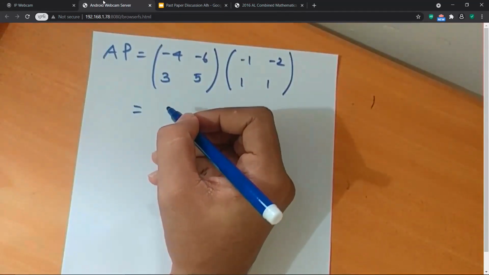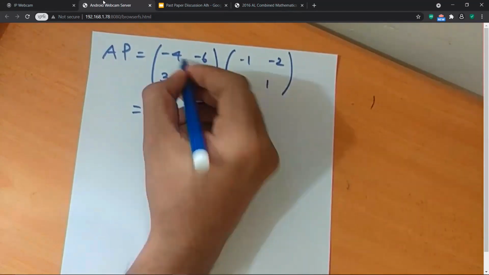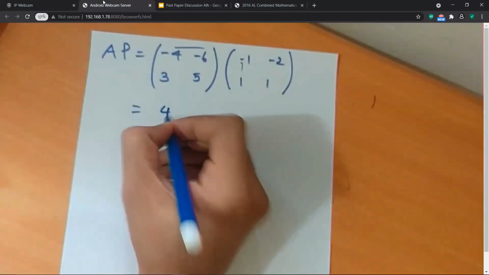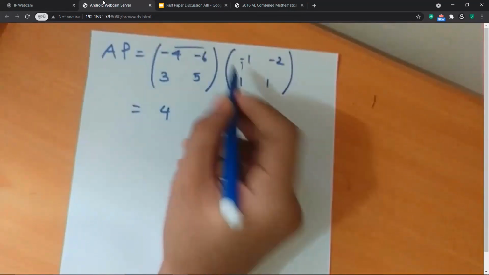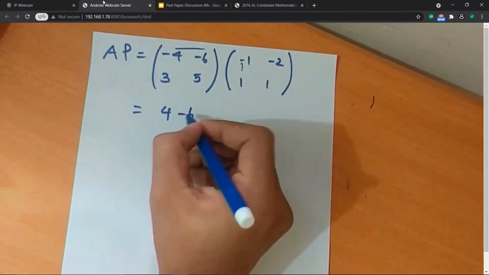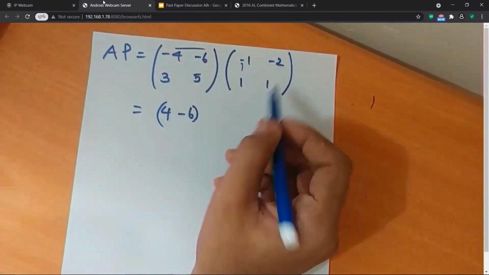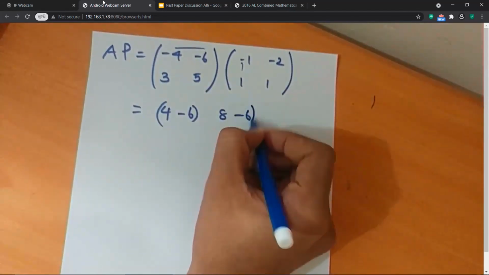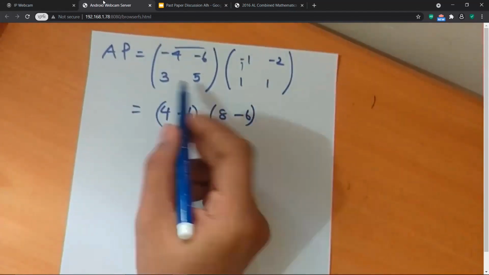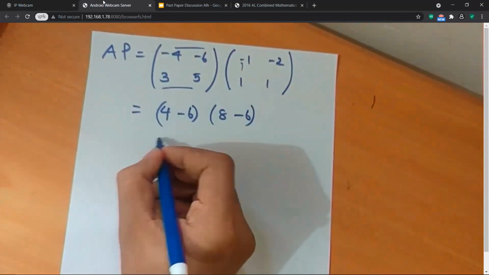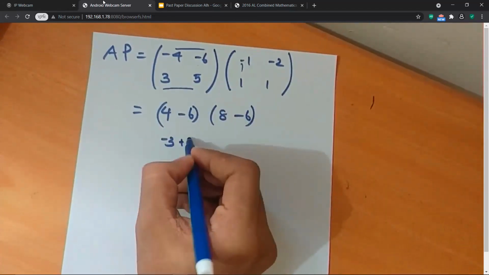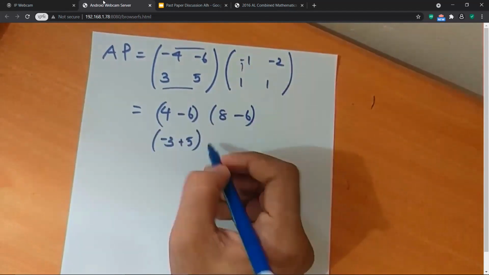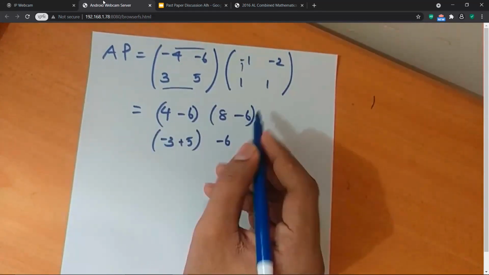The answer you get is this into this, -1, -4, -6. This is the first thing. -4 into -2 is +8. -6 into -1 is -6. Then this 3 times this is -3. 3 times -2 is -6, 5 times 1 is +5.